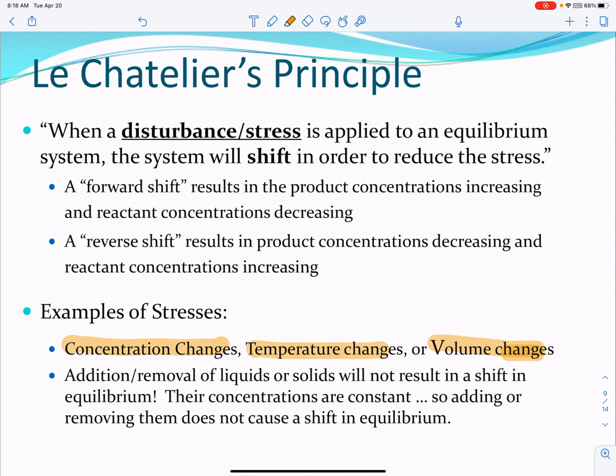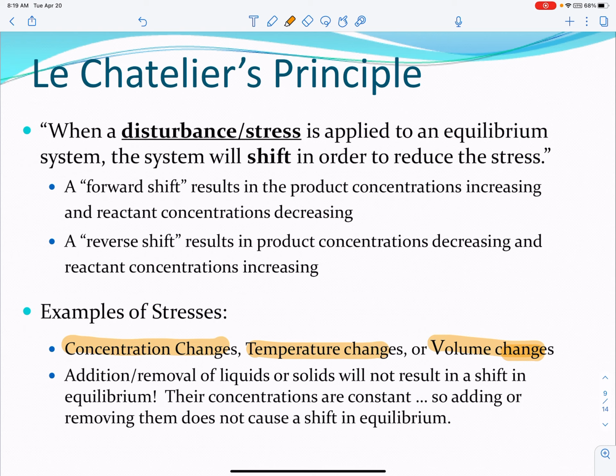Liquids and solids have constant concentrations, so when you add them or remove them, their concentrations don't change. You may have more grams or more moles, but you have the same concentration when you add liquids or solids. Okay? So liquids and solids do not cause equilibrium to shift.